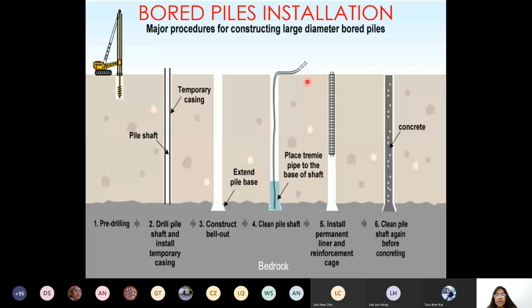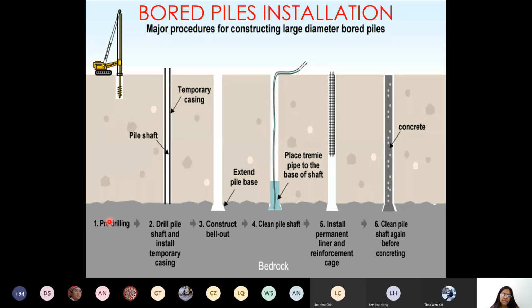Okay. We are here. Bored piles installation, major procedures for constructing large diameter bored piles. Bore means hole, driving a hole inside and then constructing, right? Pile shaft, temporary casing, shaft driven piles look like this.